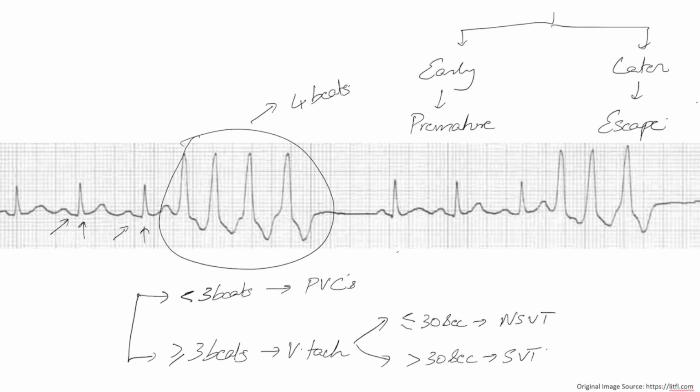On the other hand, if the PR interval is less than 120 milliseconds, or the P wave is embedded within the QRS, or the P wave immediately follows the QRS, it is likely that it's a junctional beat. And lastly, if you see a weird looking QRS complex, with no relation to a P wave, it's likely a ventricular beat.